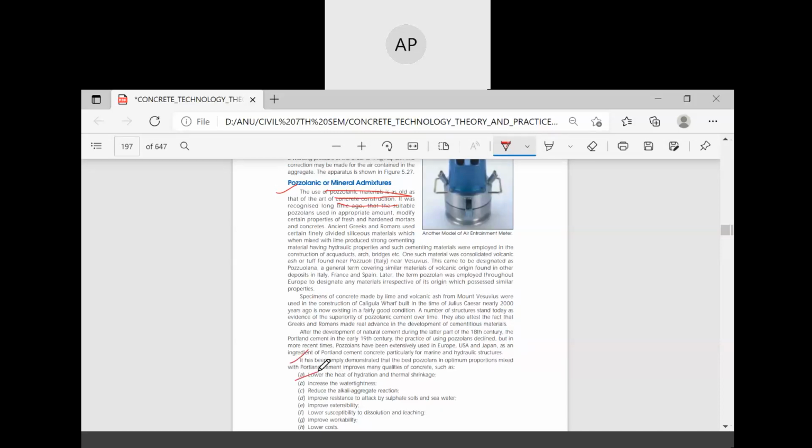Lower heat of hydration, increased water tightness, reduced alkali aggregate reaction, improved resistance to attack by sulfate salts in seawater, lower susceptibility to dissolution and leaching, improved workability, and higher cost.